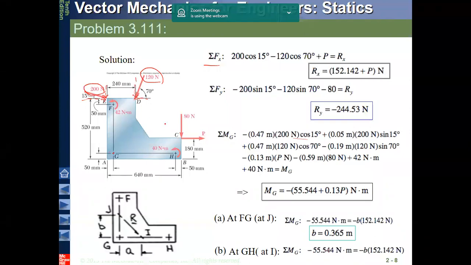Because it's a two-dimensional problem, we avoid the cross product and simply write M as F times d, such that this d would be the perpendicular distance to the point that we want to calculate the moment about.